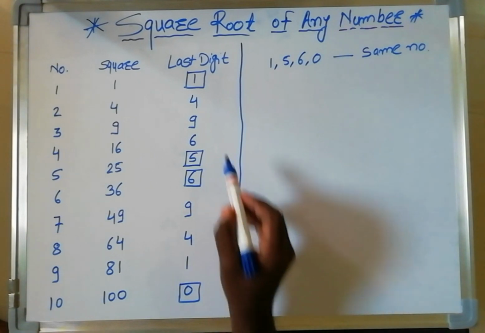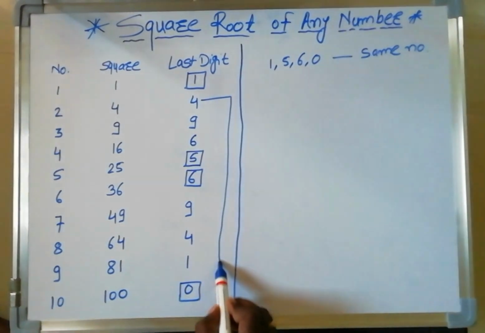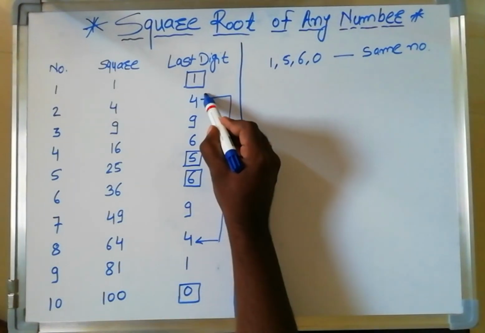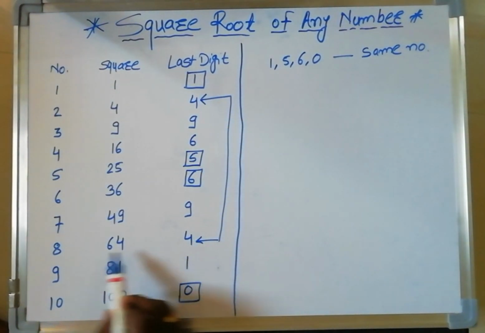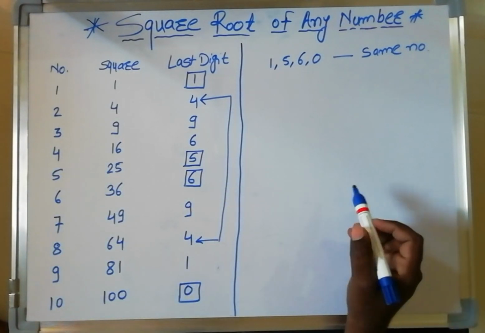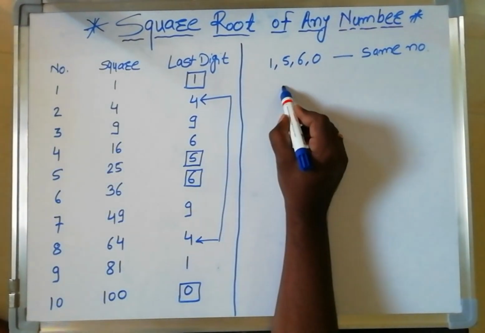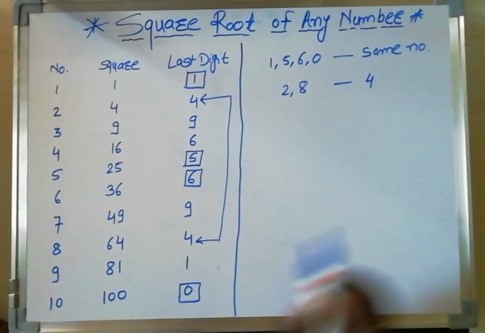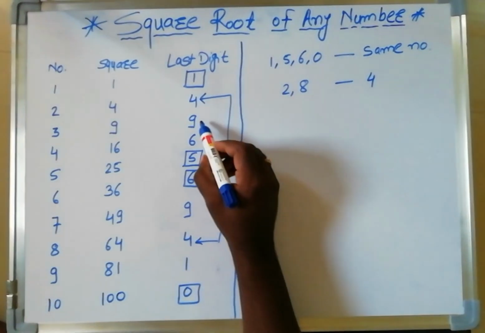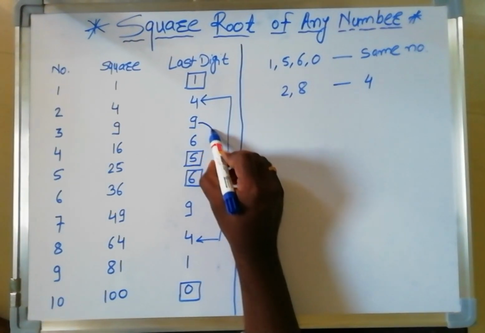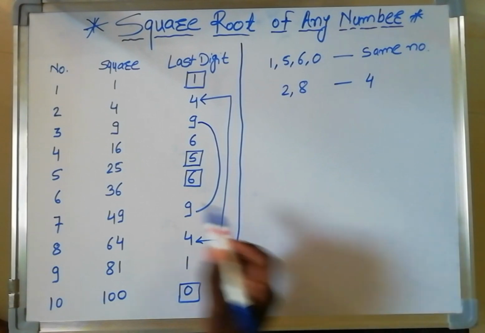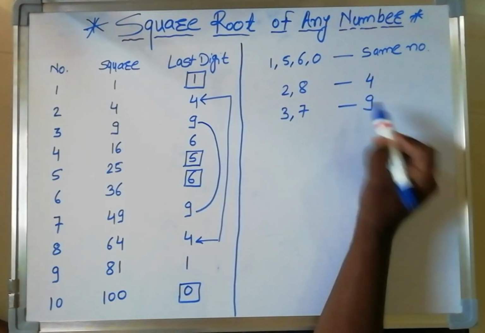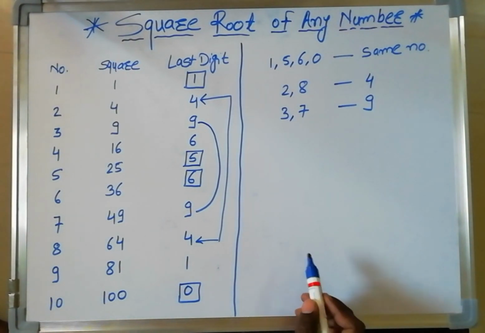Okay, now we will consider these two numbers, that is 4 and this 4, means 2 and 8 have the same square ending, that is 4. Now we have this 9 and this 9, means 3 and 7 end with the digit 9.